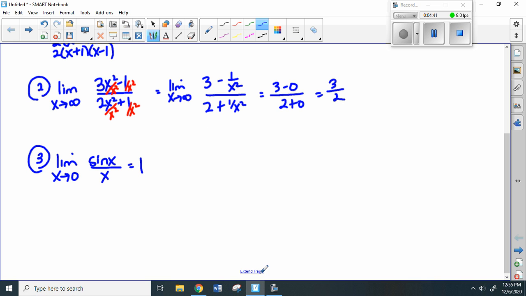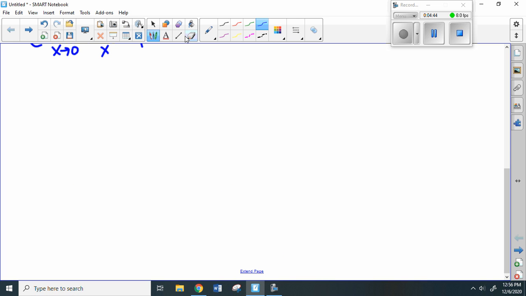One thing that we've never taken a look at, and I want you to have plenty to look at in your notes, is something like the limit as x approaches 0 of e to the 2x minus 1 over x.